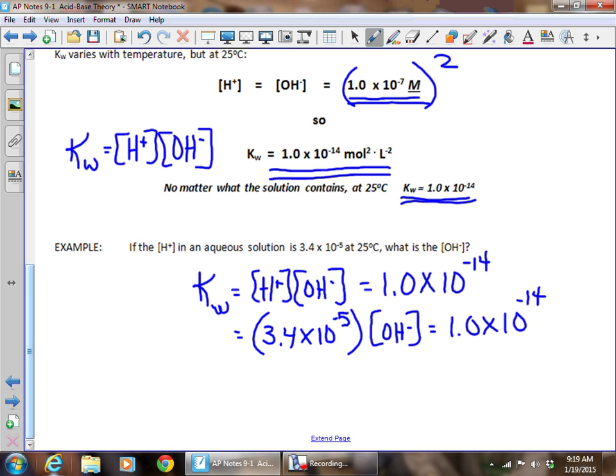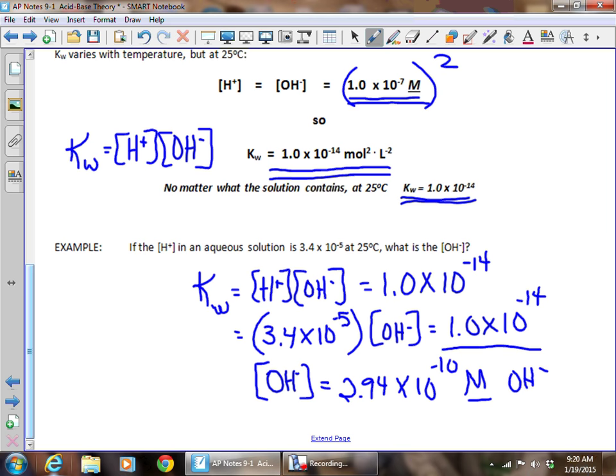So the hydroxide ion concentration then is going to simply be that 1 times 10 to the minus 14th divided by 3.4 times 10 to the minus 5th. We're going to divide both sides by that. And we end up with 2.94 times 10 to the minus 10th molar for our hydroxide ion concentration.